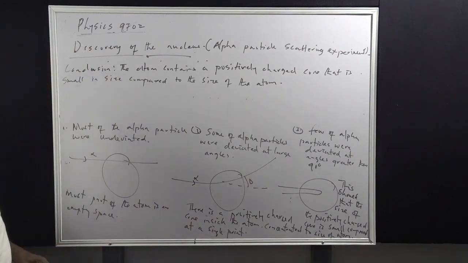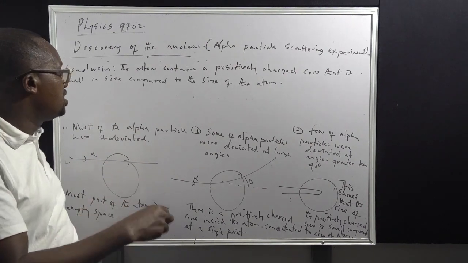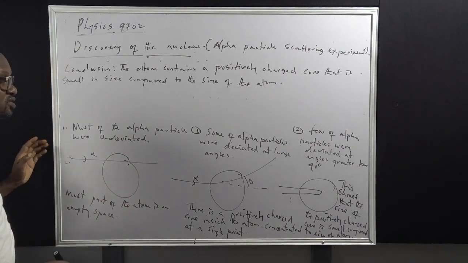That is the conclusion. So the alpha particle led to the conclusion that the atom contains a positively charged core that is small in size compared to the size of the atom.